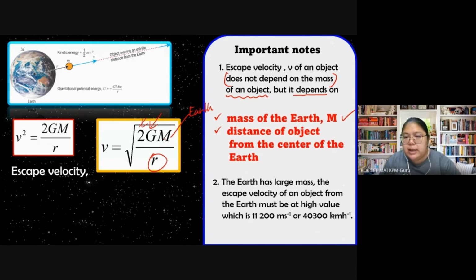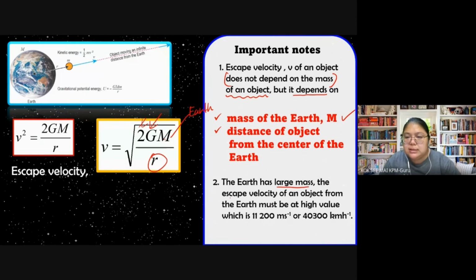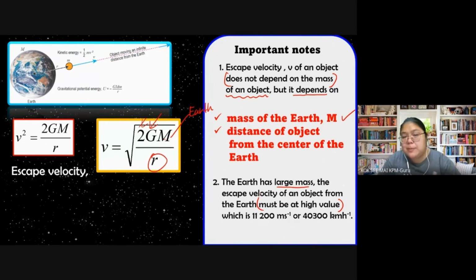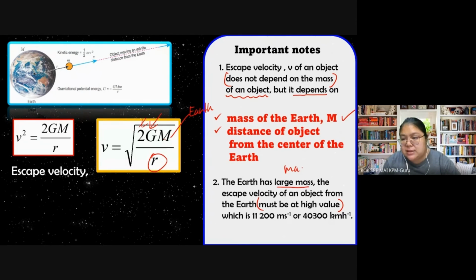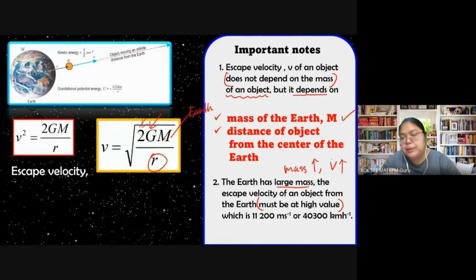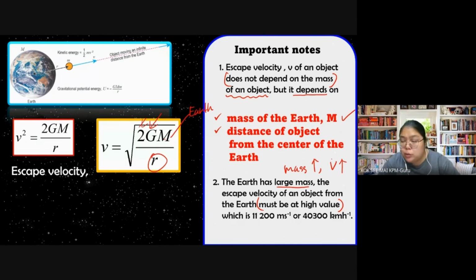If the Earth has larger mass, the escape velocity of the object from the Earth must be a high value. I don't care about the mass of the object. For another planet, if the mass is higher, the escape velocity should be bigger. That means if you want to go out from the planet, you need a bigger velocity.